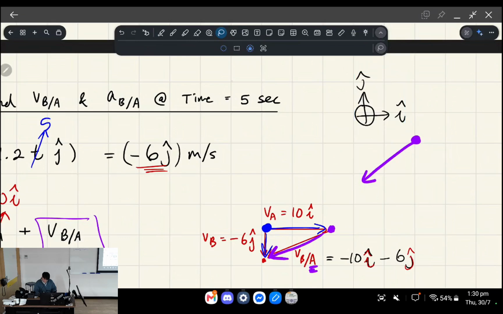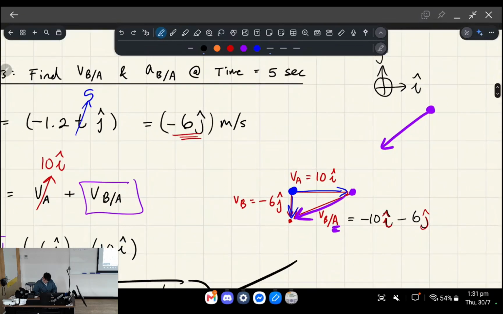Okay, this is the positive direction. I'm confused when you wrote that VA. So VA is 10I, just means 10 is the magnitude and I is a unit. So imagine 10 Lego blocks going to the right, and then this one's 6 Lego blocks going down.